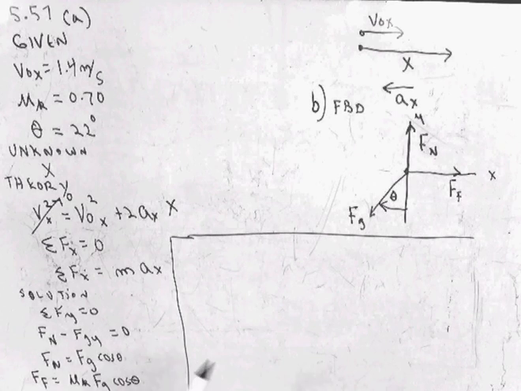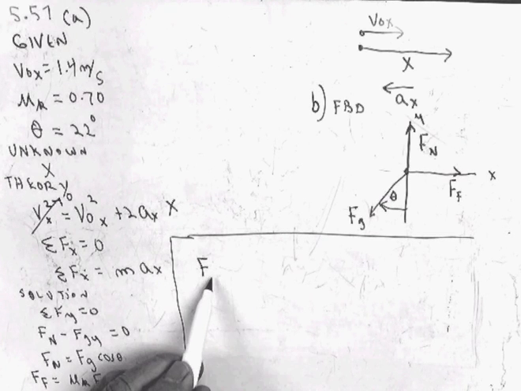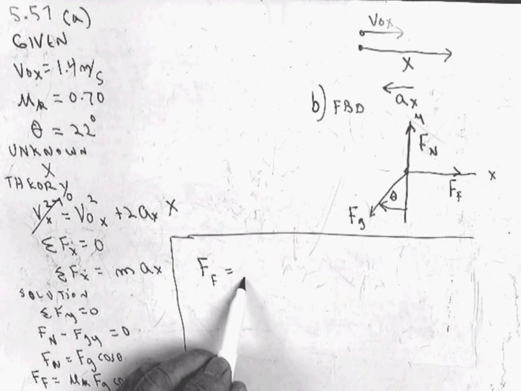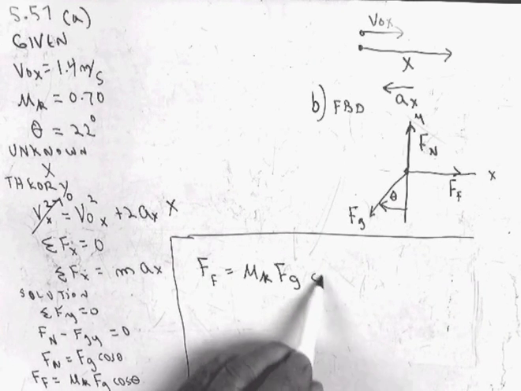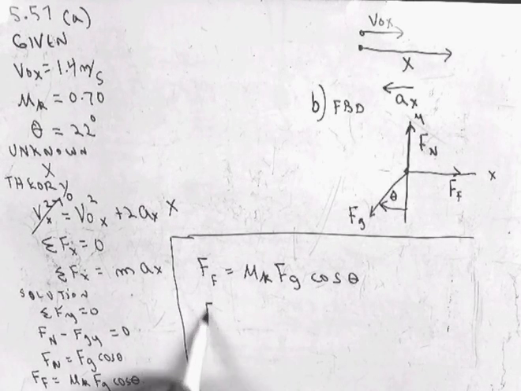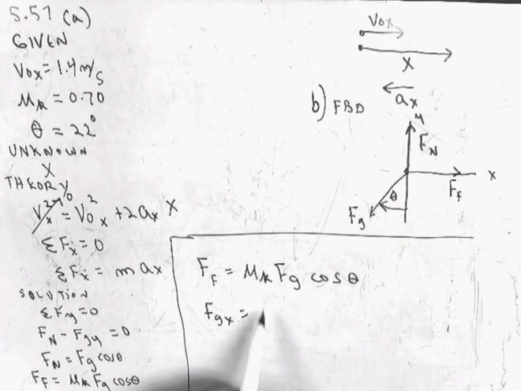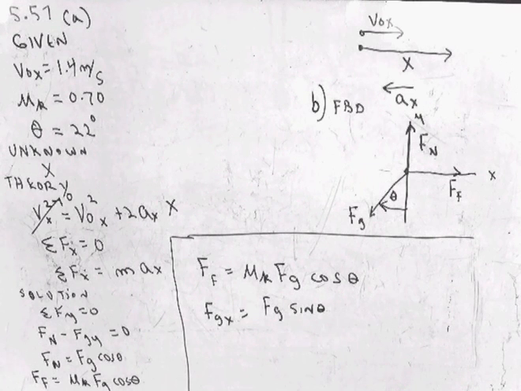So you have to compare the value of the force of friction, which is going to be equal to mu sub k Fg cosine theta. Look at the value you get for that, and Fgx, the component that's pulling it down, is Fg sine theta.